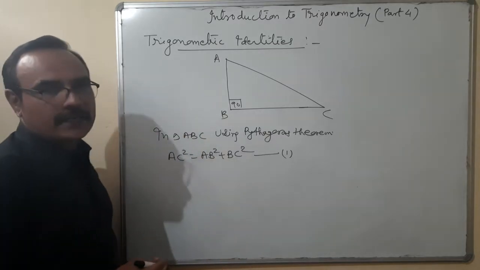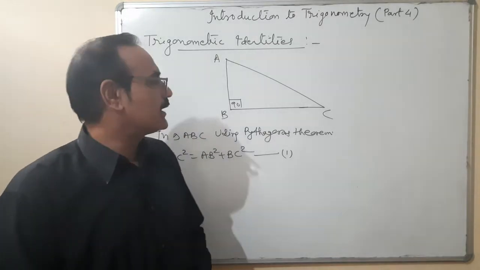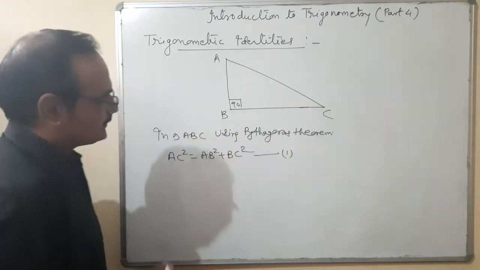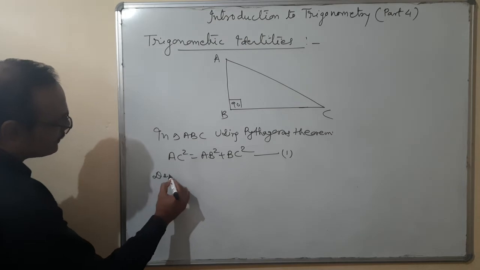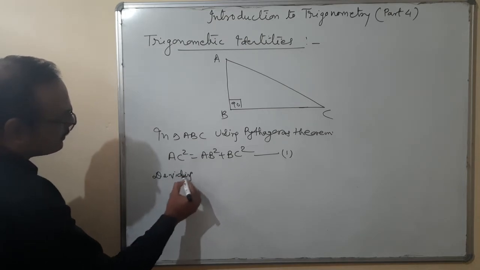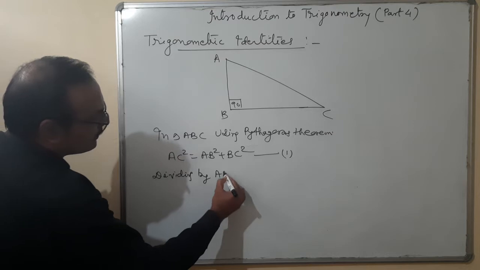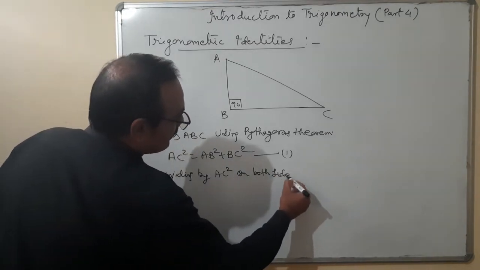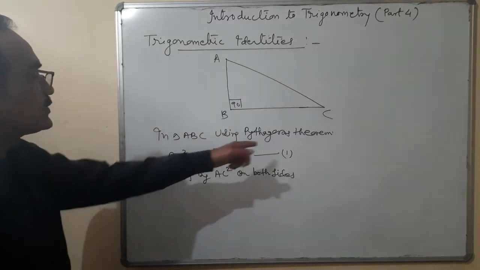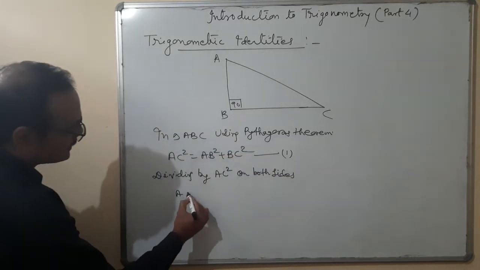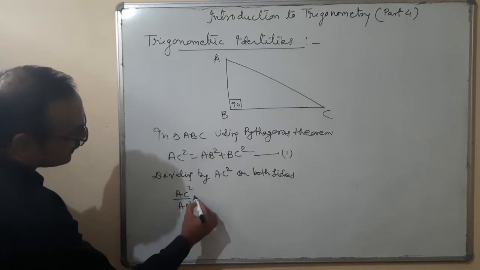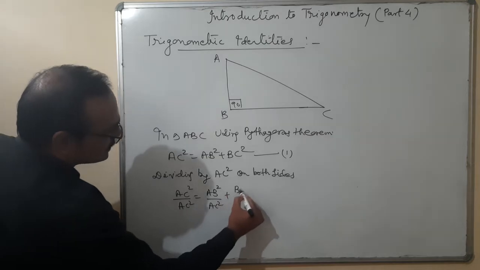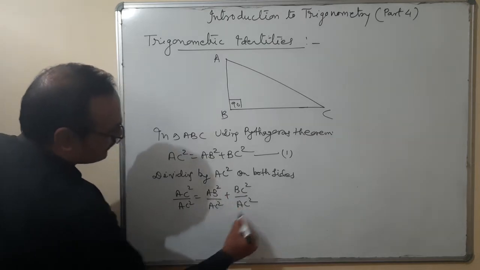There are three sides in a triangle: hypotenuse, base and perpendicular, AC, AB and BC. First, I am dividing by AC square on both sides. If I divide by AC square on both sides, then AC square upon AC square is equal to AB square upon AC square plus BC square upon AC square.